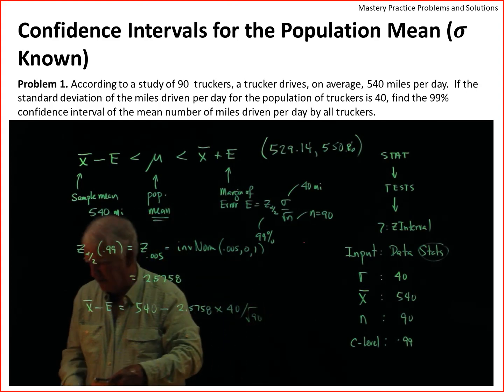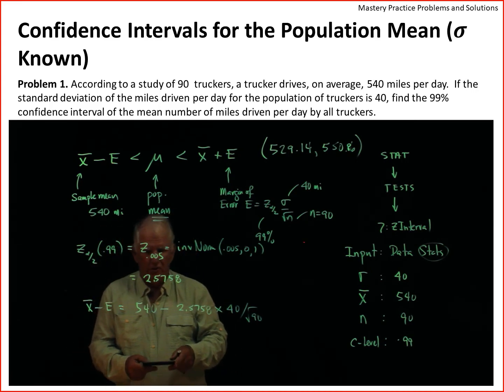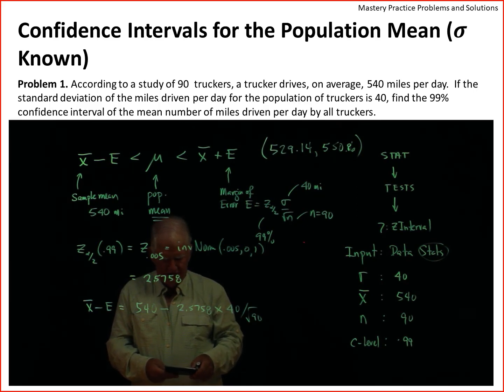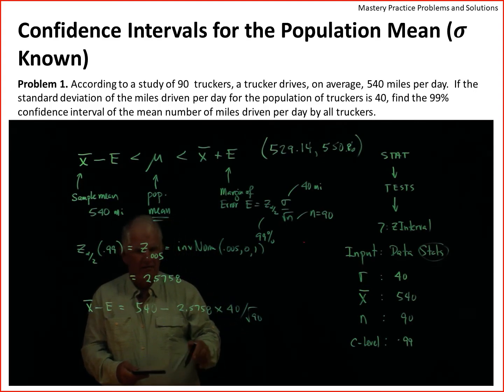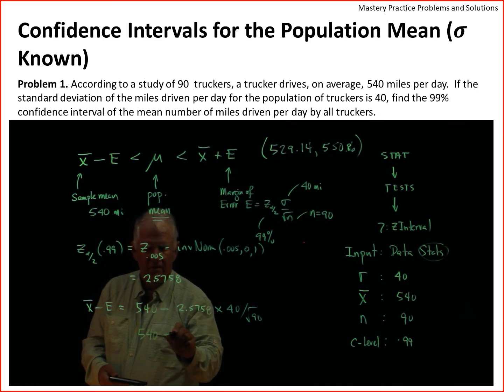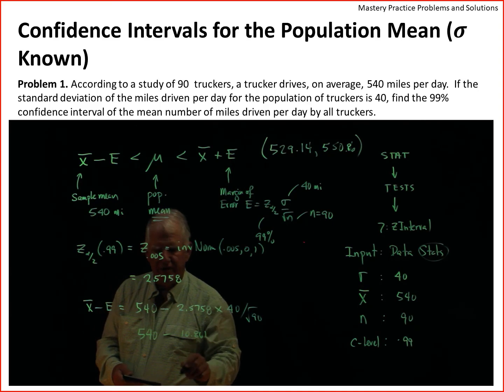I've got to get out a calculator that I can actually use and find out what that number is. So I've got 2.5758 times 40, divided by the square root of 90, and I get that this number is 10.861.